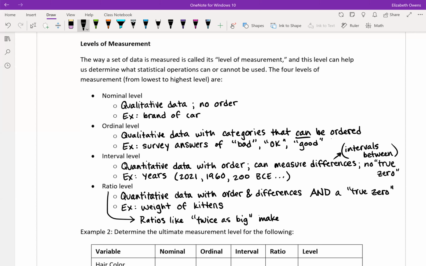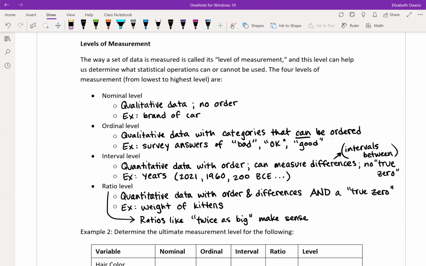Those make sense. All right. So like with the weight of kittens, if you had a kitten who's 0.8 pounds and a kitten who's 1.6 pounds, you could say, oh yes, that second kitten is twice as big as the first. He weighs twice as much.